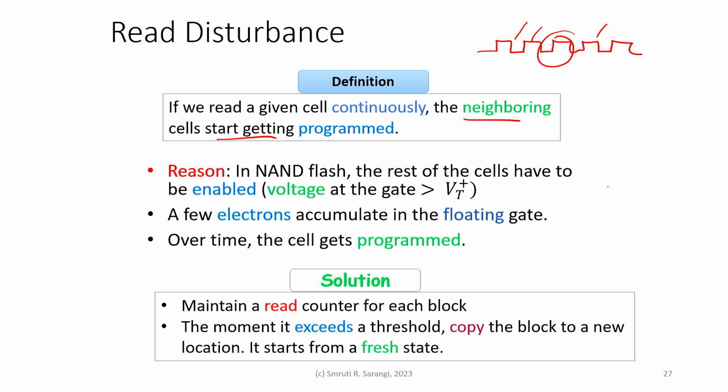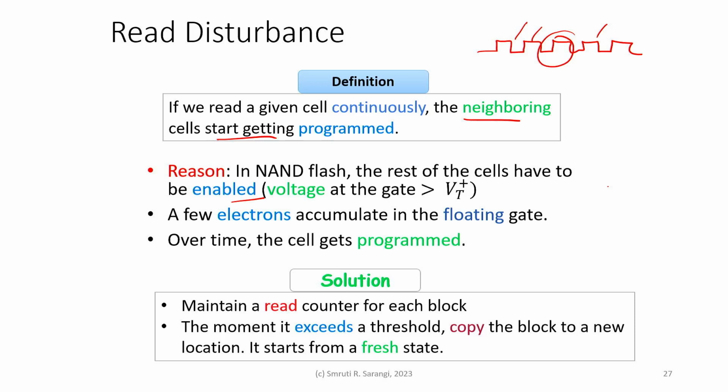The rest of the cells have to be enabled. The voltage at their gates is greater than Vt plus typically, but it's not as high as to pull electrons. But the point is, you are enabling them with a voltage which is more than Vt plus for a protracted duration. That is enough to suck electrons, and they can gradually tunnel and go up, not at the rate of programming, but still, after all, dewdrops can fill an ocean.